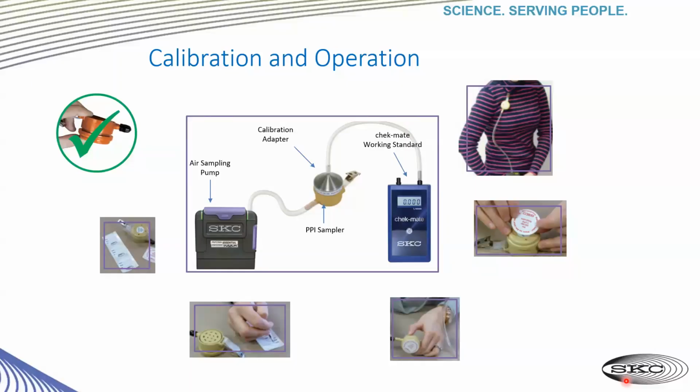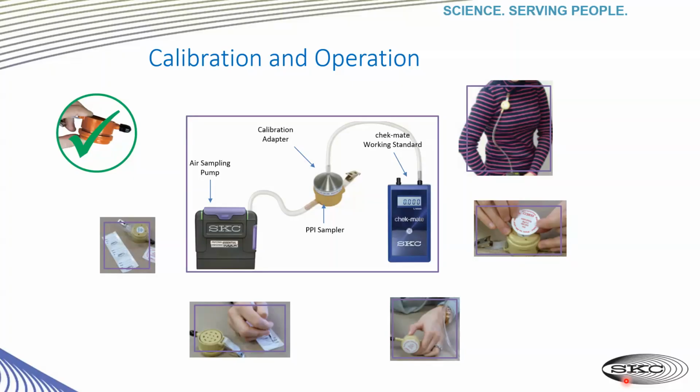You have easy notation because we supply you with more labels than you will need for each PPI, in case there is a mistake. You will have extra labels that you can use. So you can note details for your sampling event purposes prior to sampling and also for the lab analysis benefit.